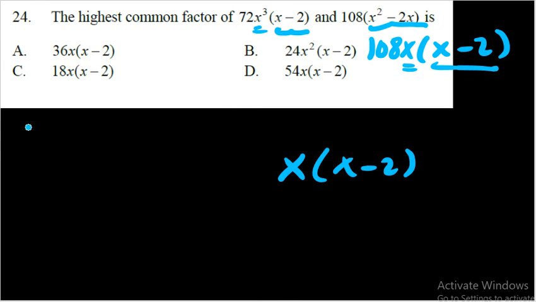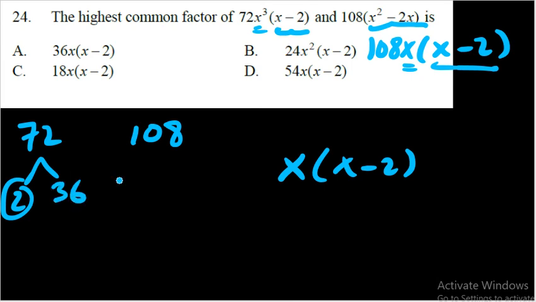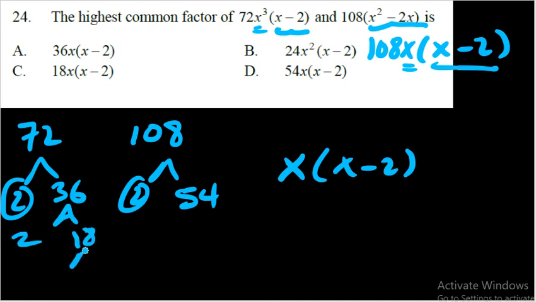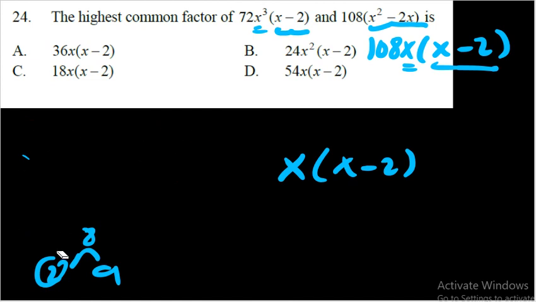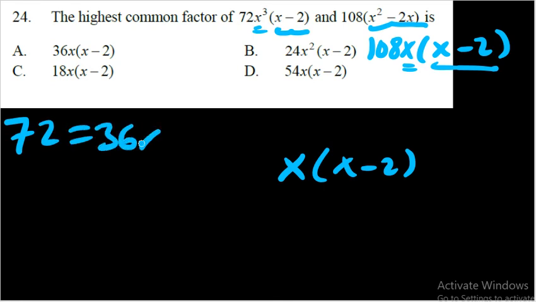Now let's come to the numbers, 72 and 108. 72 by 2 will be 36. What about this by 2? 54. You can factorize it again: this by 2, 18, by 2, 9, and by 3, 3. But in general, you can factorize in this longer process, or you can think of 36 times 2. 72 is the same as 36 multiplied by 2.